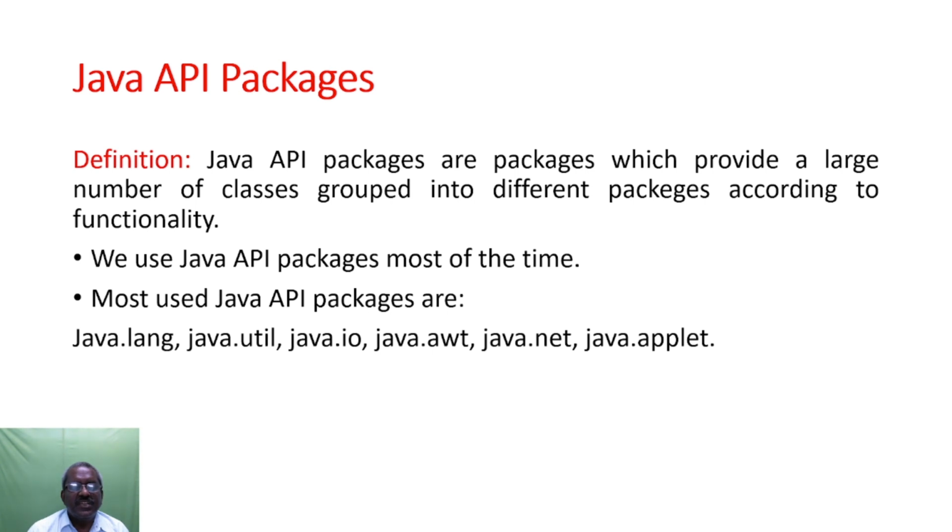We use the Java API packages most of the time. The most used Java API packages are, as I told you, 6 types: language, utility, IO, AWT, net and applet.